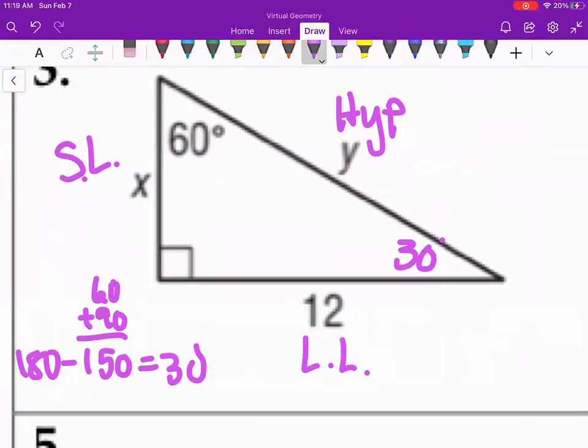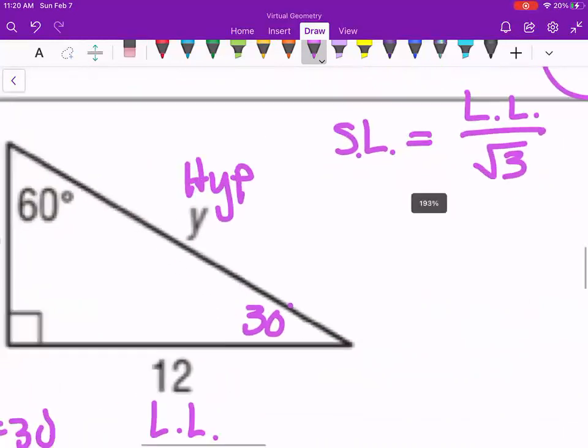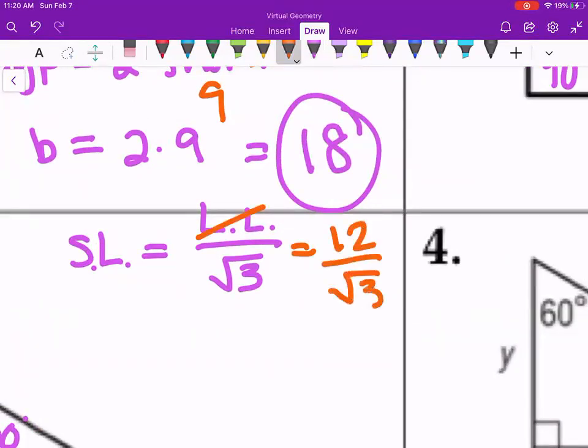All right, again, we need to get the short leg first. And they give us the long leg. Same formula as the last one we just did. Short leg is equal to the long leg divided by square root 3. Our long leg is 12, so that is 12 divided by square root 3.